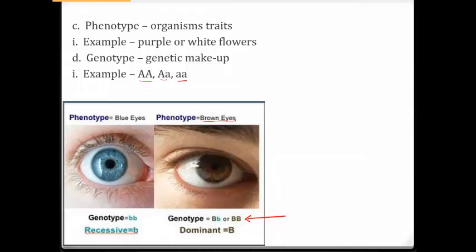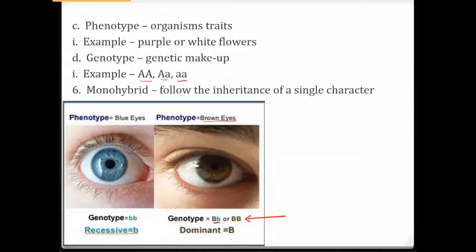Do you have the dominant allele for that trait? Do you have a recessive allele? Do you maybe have one of each? Brown eyes happens to be a dominant trait, so the capital B, whether you have one of them or two of them, gives you brown eyes. Whereas blue eyes is recessive, so you have to receive two recessive alleles, one from mom, one from dad, in order to have blue eyes.